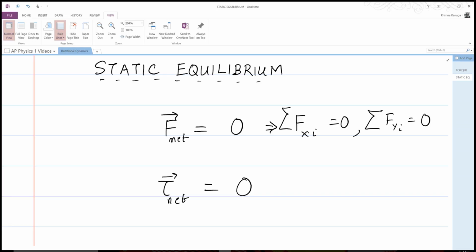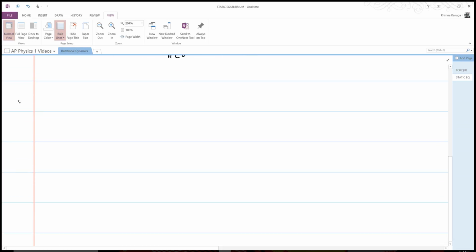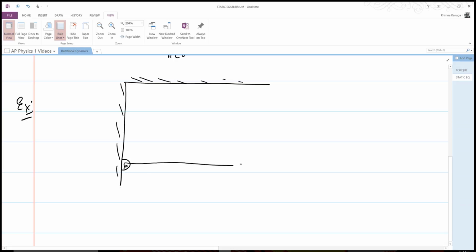All right, so let's look at the very first example. In this example, let's say that I have a wall on one side and a ceiling on the other side, and let's take some kind of a bar that is supported out here.